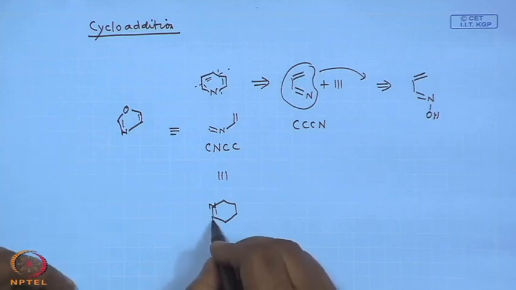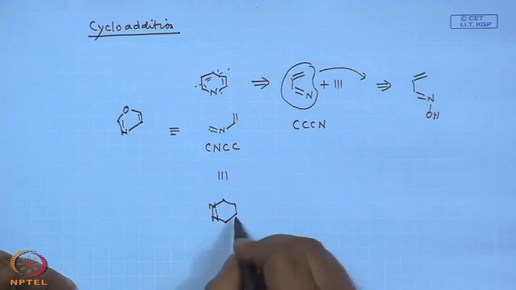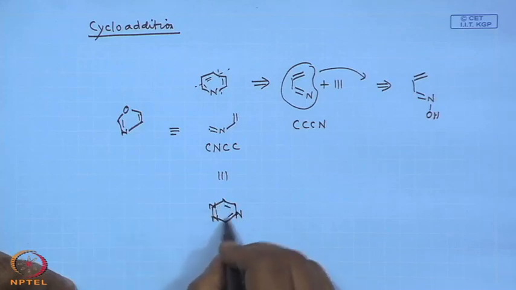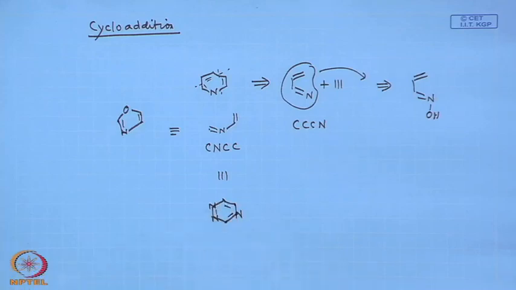So, this portion would be eliminated, 1, 2, 3, this is the 4 atom system, and if you place the nitrogen, this becomes CNCC. That means you can also make use of triazines for the Diels-Alder reactions. We have given examples before, and you can also look at some of the examples today. So, these are the two different modes.